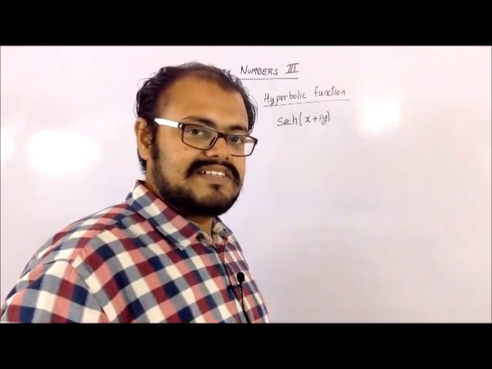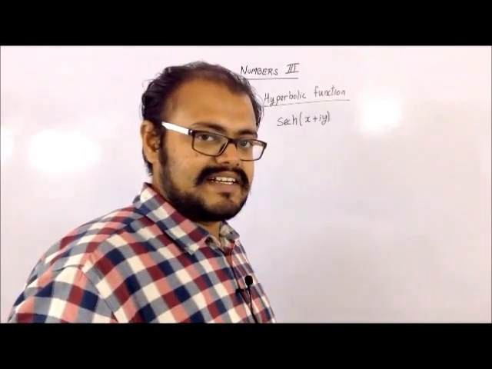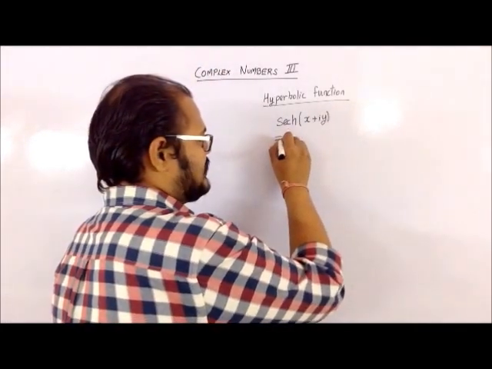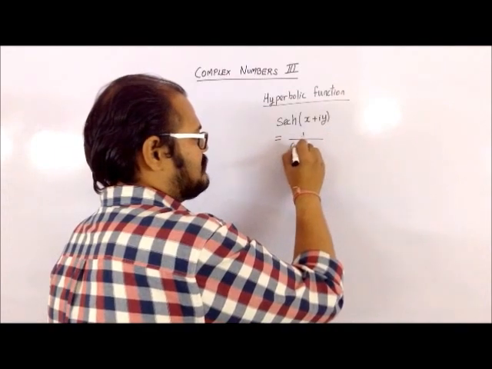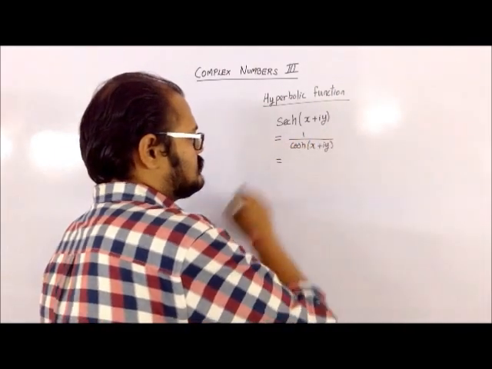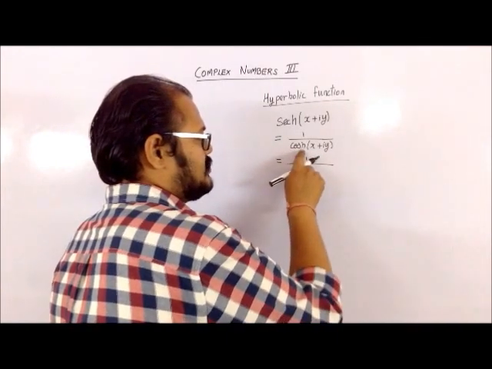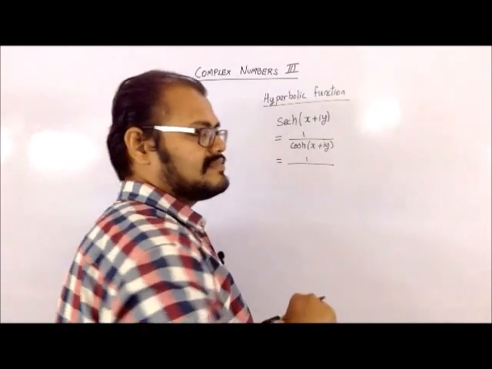Now just like our trigonometry, sec theta is 1 by cos theta. So over here also my sec h will be 1 by hyperbolic cos. So we can just expand this formula, which is cos h of a plus b.